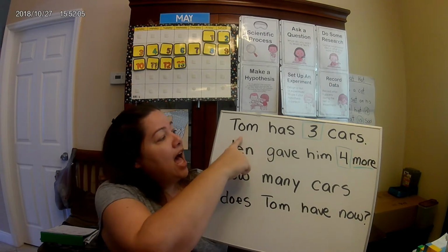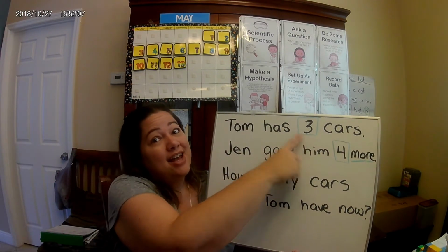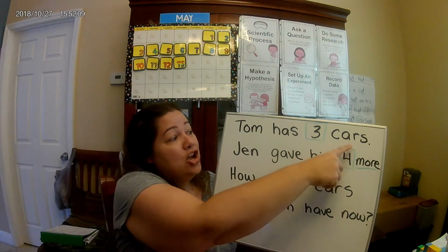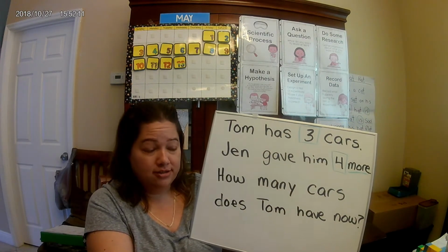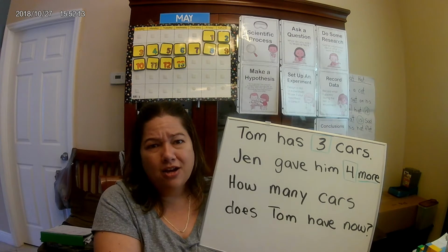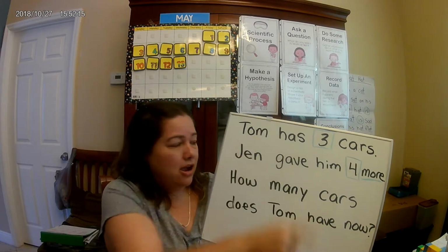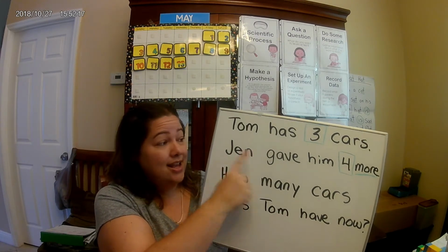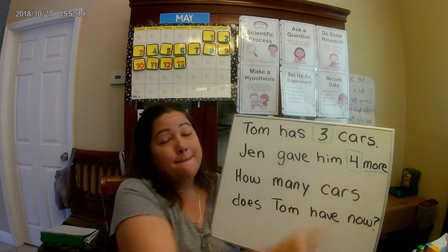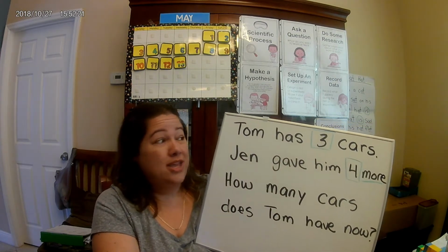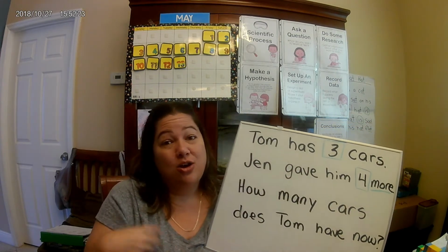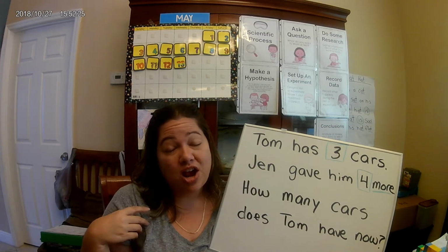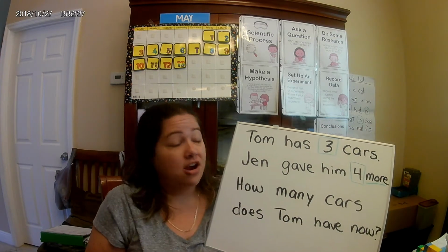So it says Tom has, what number is that? 3 cars. So who has 3 cars? Tom has 3 cars. Jen gave him 4 more. So he had 3 and Jen says she wants to share some of her cars, so she's going to give him 4 of her cars.